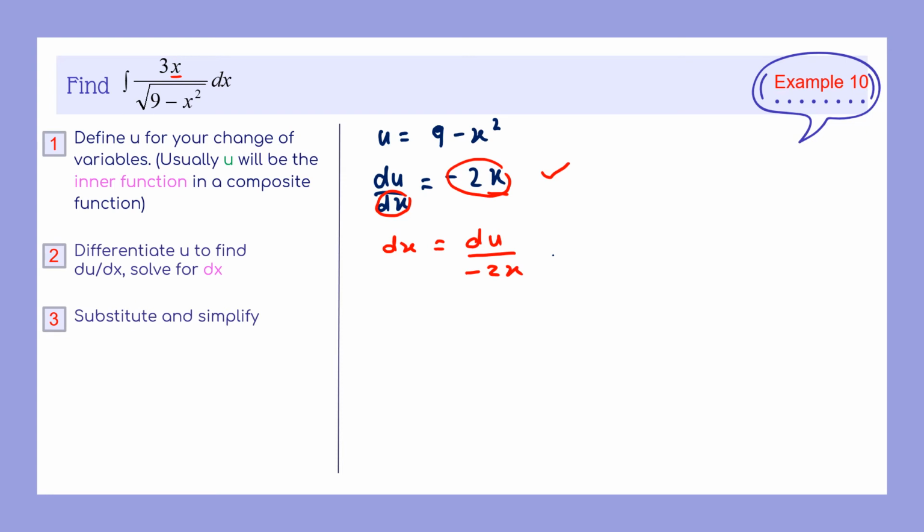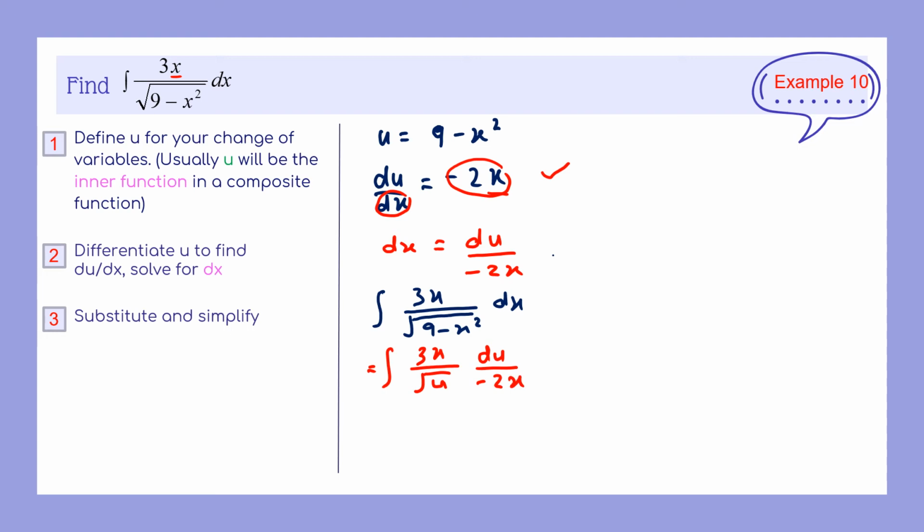Substitute and simplify. So we substitute into integrate 3x over sec 9 minus x squared dx. So here we get integrate 3x over sec u. So sec 9 minus x squared we get sec u. And then dx is du over negative 2x.